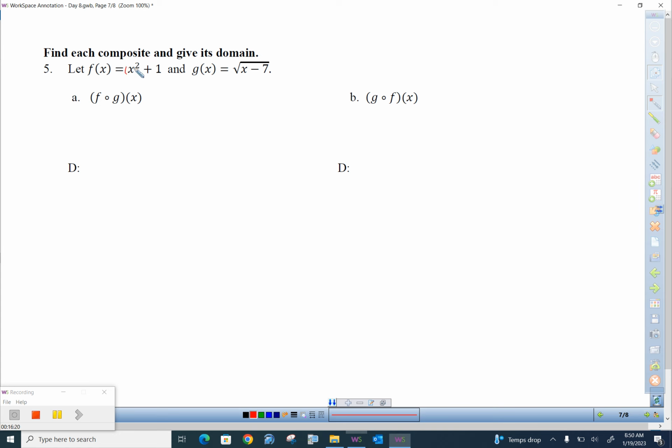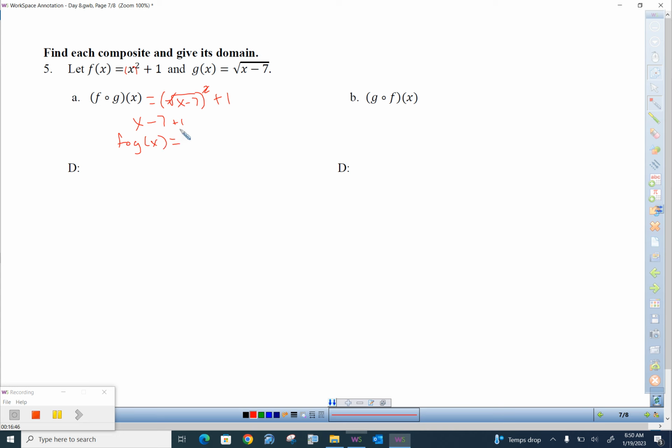Remember you start with the f function, but you leave some extra space where x is because that's where you're going to plug in the other part. So our other part is this square root of x minus 7. In this case, the square and the square root cancel out, so you've got x minus 7 and then plus 1.